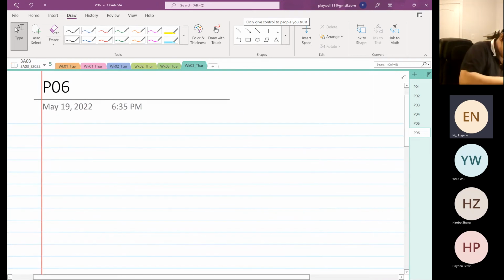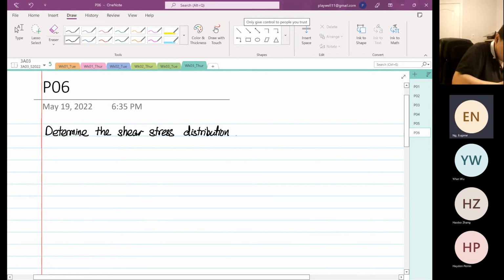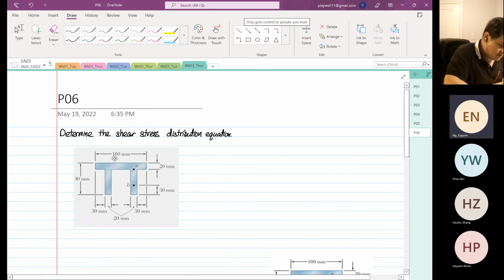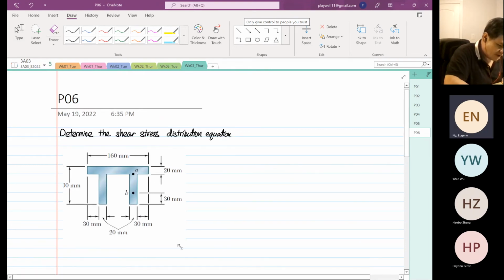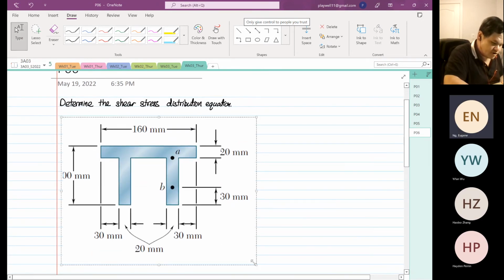We are going to determine the shear stress distribution equation. Why I do this is so that you will know how to apply the 5 rules. So now we are going to determine the shear stress equation.